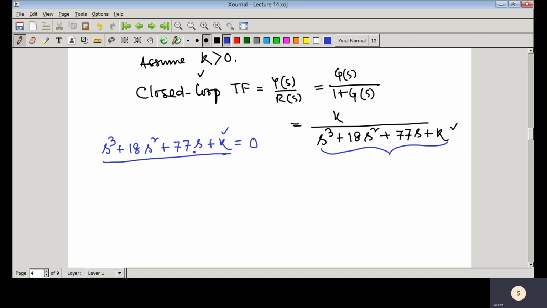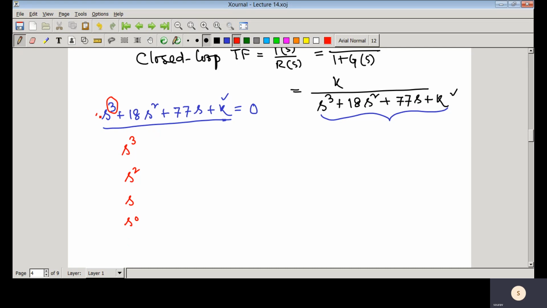So let us apply Routh-Hurwitz criteria. Whenever we will be applying Routh-Hurwitz criteria, we need to start with that S cube, then S square, then S, then S0.